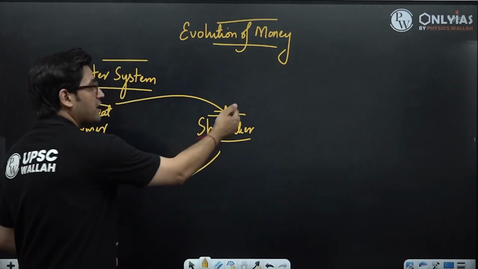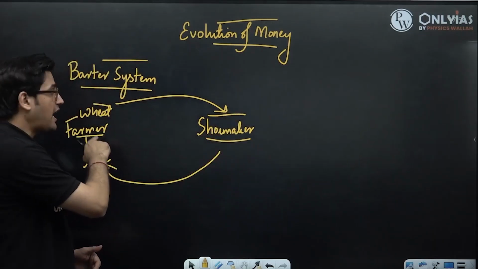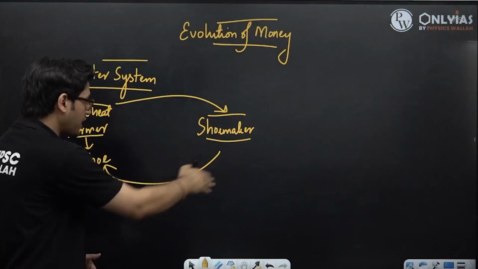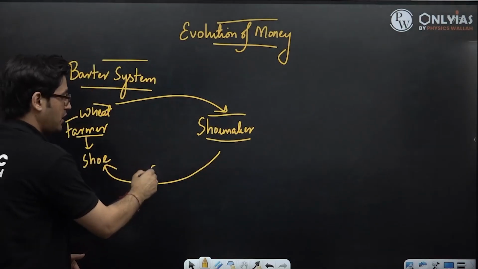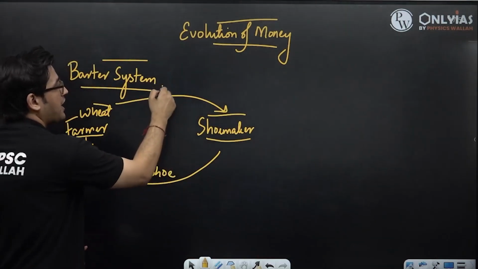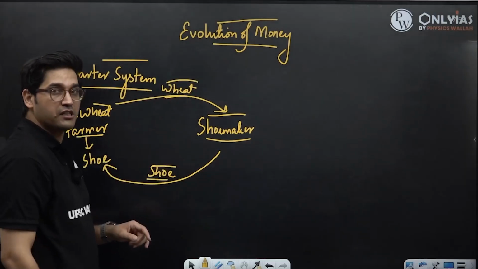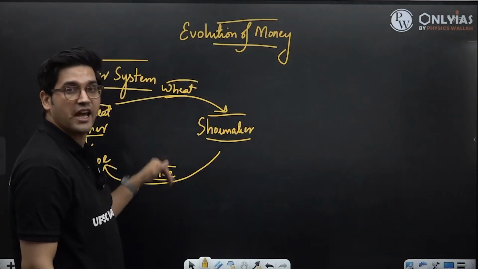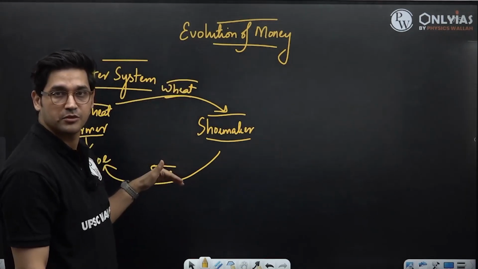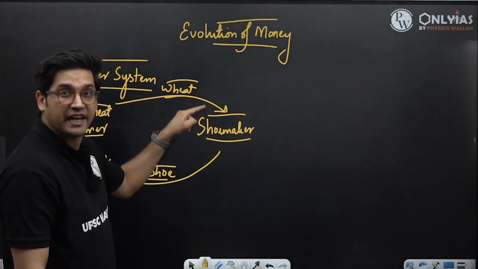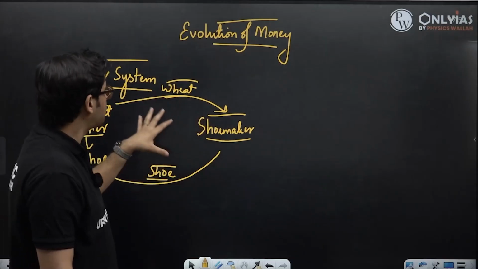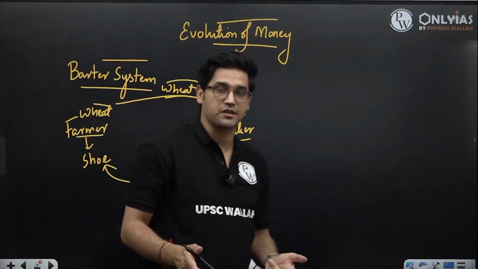If the shoemaker requires wheat, then I am going to give him wheat in exchange for him giving me a shoe. He gives me a shoe in exchange of me giving him wheat. This means that commodities are being exchanged for each other. He gave me a shoe because I gave him wheat. This system is what is called a barter system.